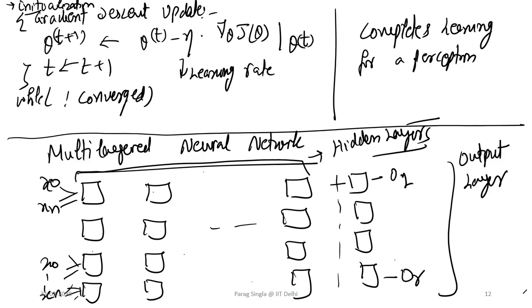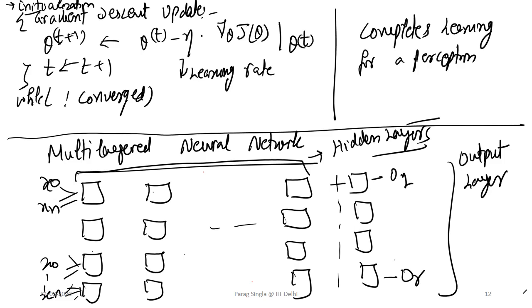Now the next question is, how do we extend this to the more interesting case of a multi-layered neural network, where all these perceptrons are arranged in a layer by layer fashion in the manner that we had seen earlier in one of the slides.